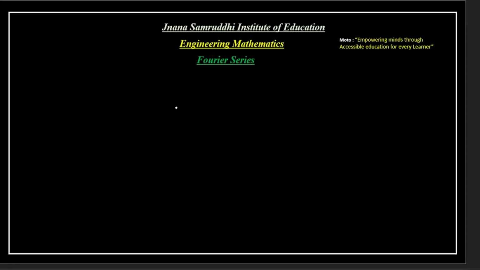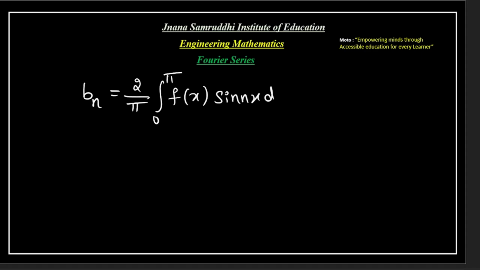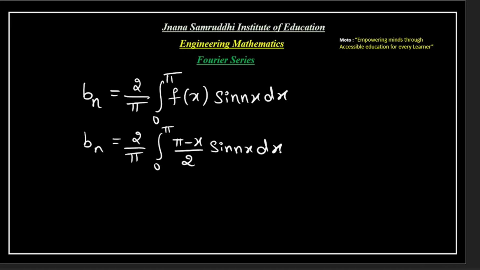Now we'll solve for the value of bn by applying integration by parts. That is bn equals 2 by pi, integral 0 to pi, f of x sin nx dx. We know f of x, and we'll consider this one as u and sin nx as v.